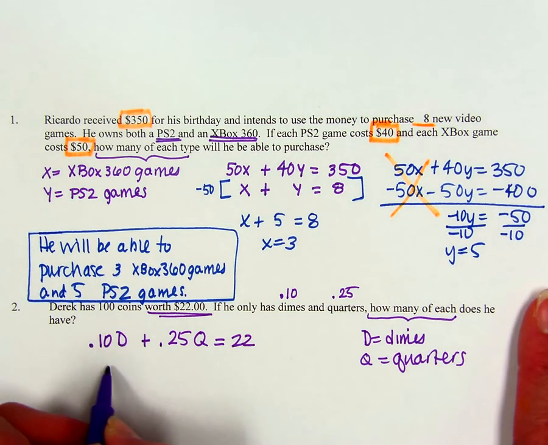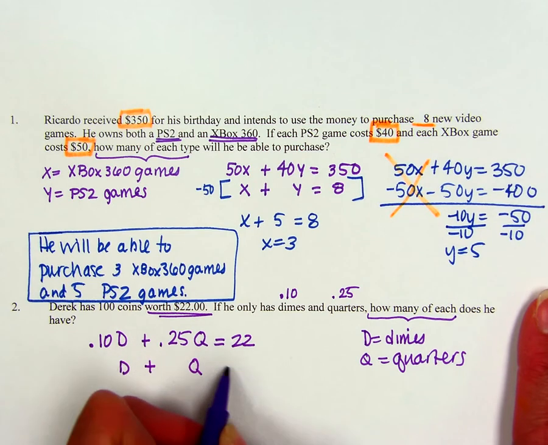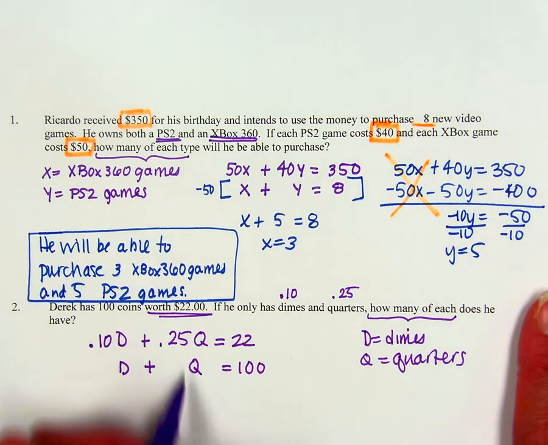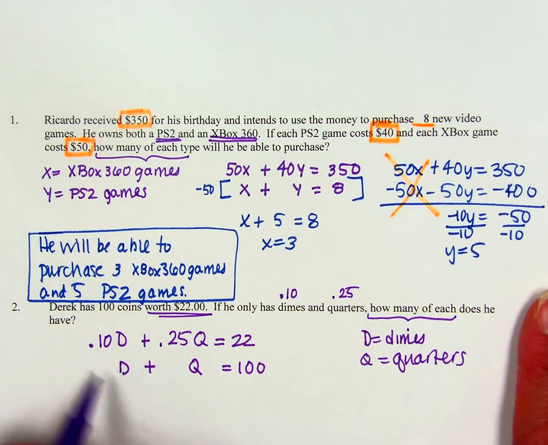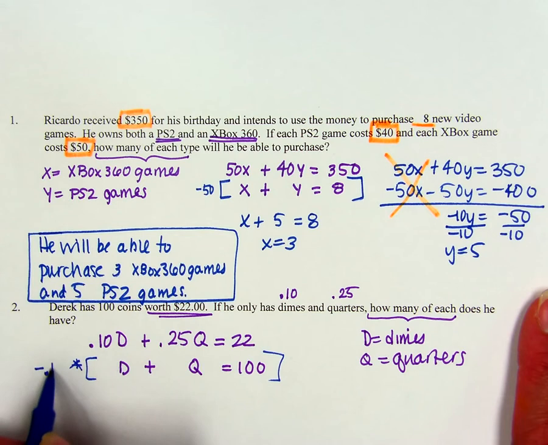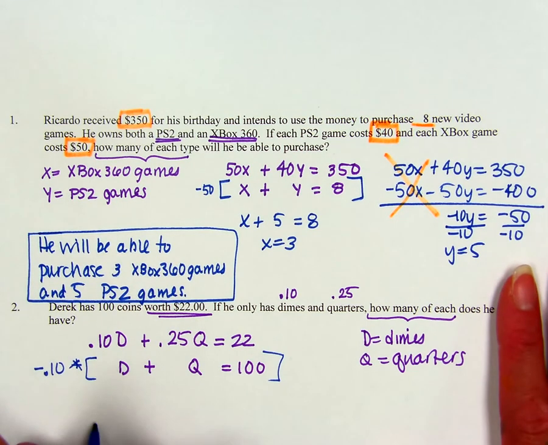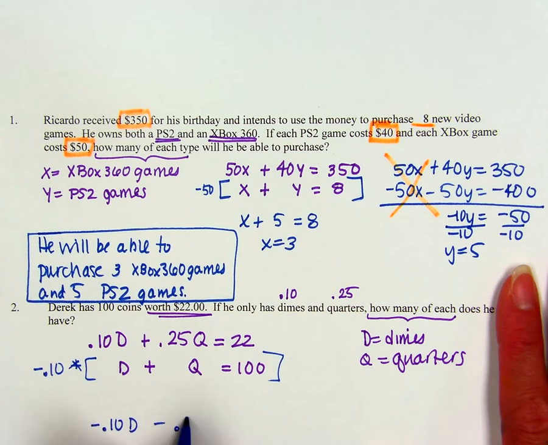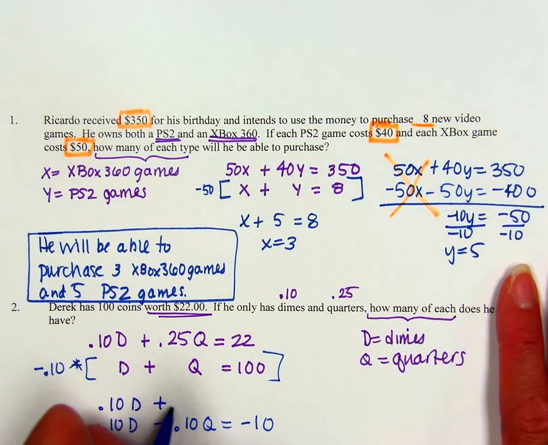All right, if you have 100 coins, I have some amount of dimes, some amount of quarters, and total I should have 100 coins. All right, so these are all lined up. I want to have something eliminate, so I'm going to try to do the elimination method again. This says 0.10. If I want the opposite of it, I just have to multiply by negative 0.10. All right, so I've got negative 0.10d minus 0.10q equals negative 10, because 100 times negative 0.10 is negative 10. All right, so now the top equation I don't need to do anything with.